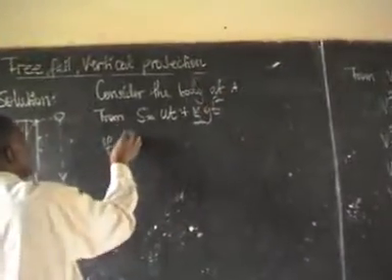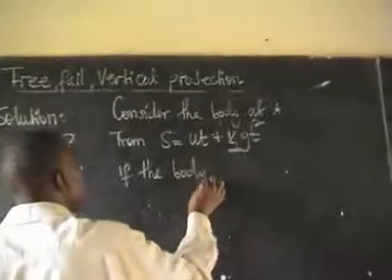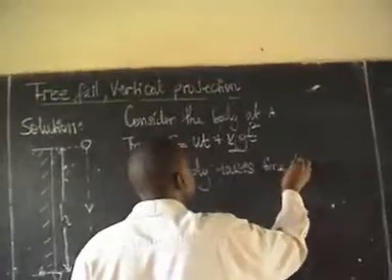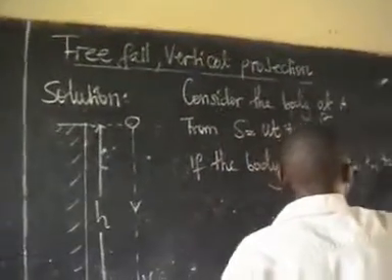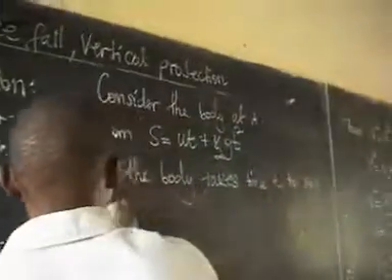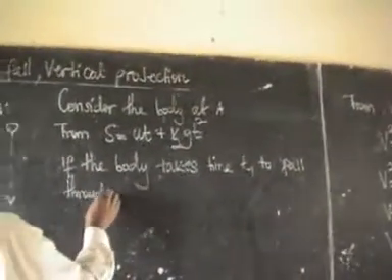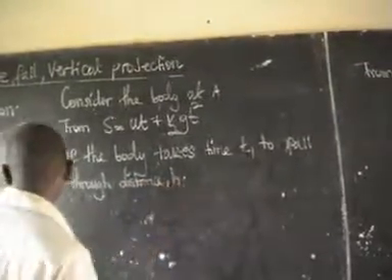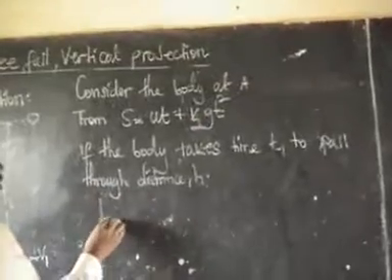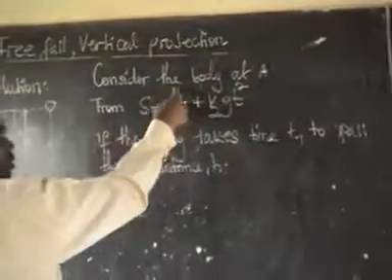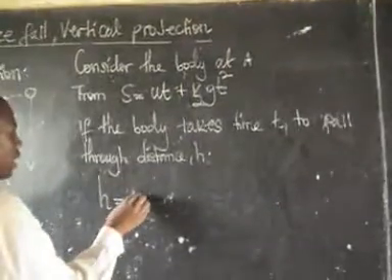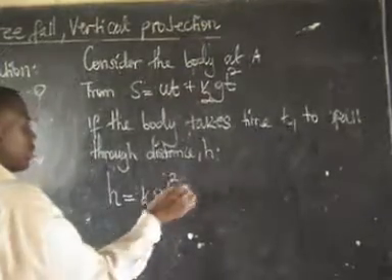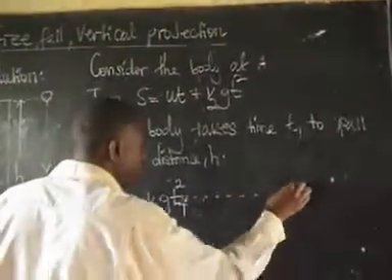If the body takes the time t1 to fall through distance h as shown in the figure, then we shall have h. Remember, it was just dropped, so u here is 0. h equals a half g t1 squared. So I'm going to call that my first equation.